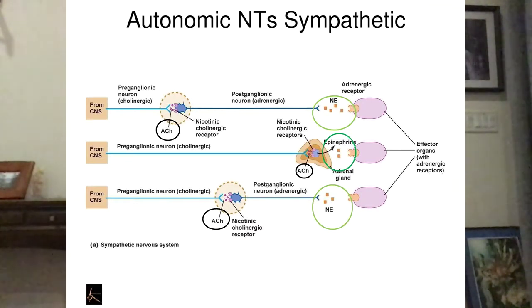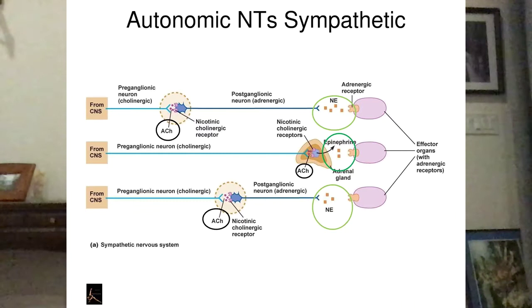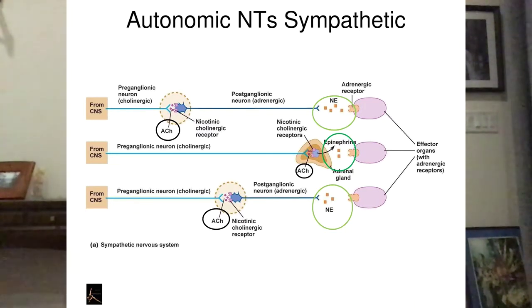And so the preganglionic fibers there are nicotinic cholinergic receptors, or nicotinic neurons. That's ACH. The postganglionic fibers that are embedded within the medulla release epinephrine.